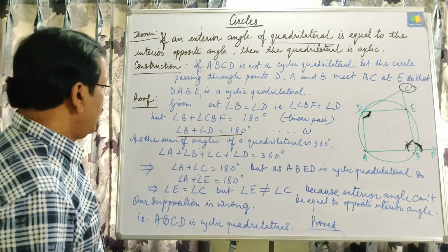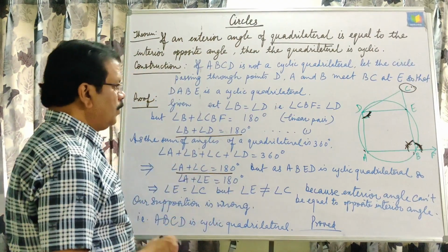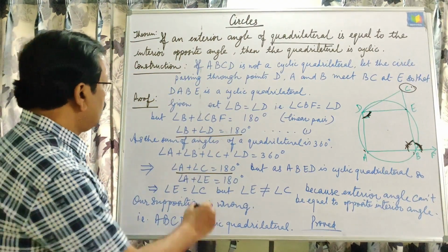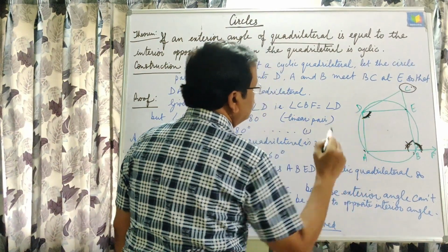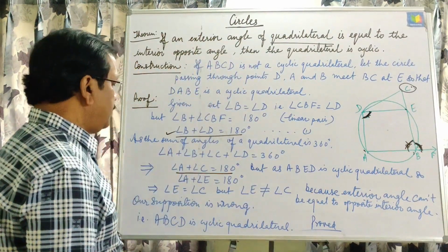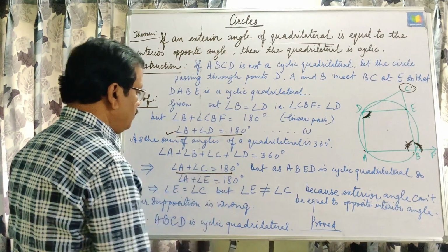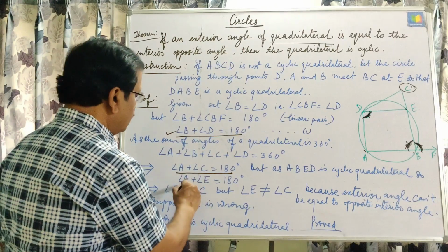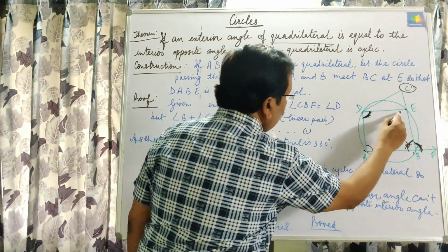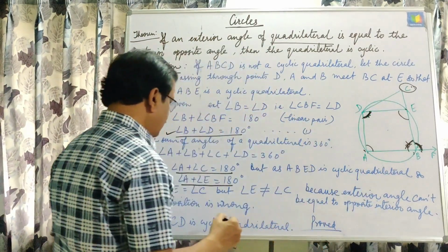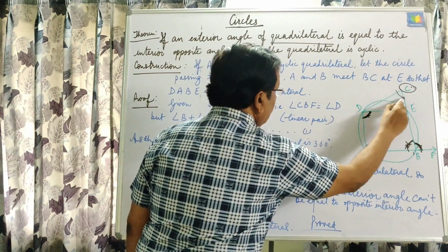Out of this, angle A plus angle C will be equal to 180 degrees, because we just proved that angle B plus angle D is equal to 180 degrees. And here angle A plus angle E is also 180 degrees, and this way angle E is equal to angle C.